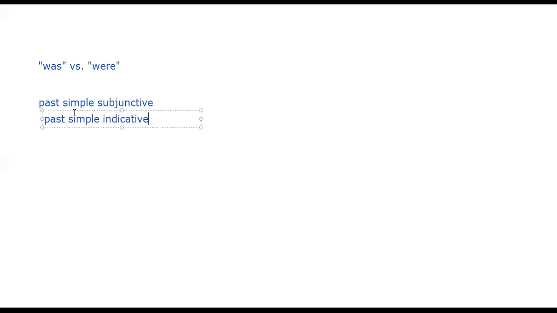So, you know, the mood where you normally conjugate I was, you were, he, she, it was. So the past simple indicative is just was. But the past simple subjunctive is was or were. So it's both. But if we eliminate was here, were is technically the traditional form.